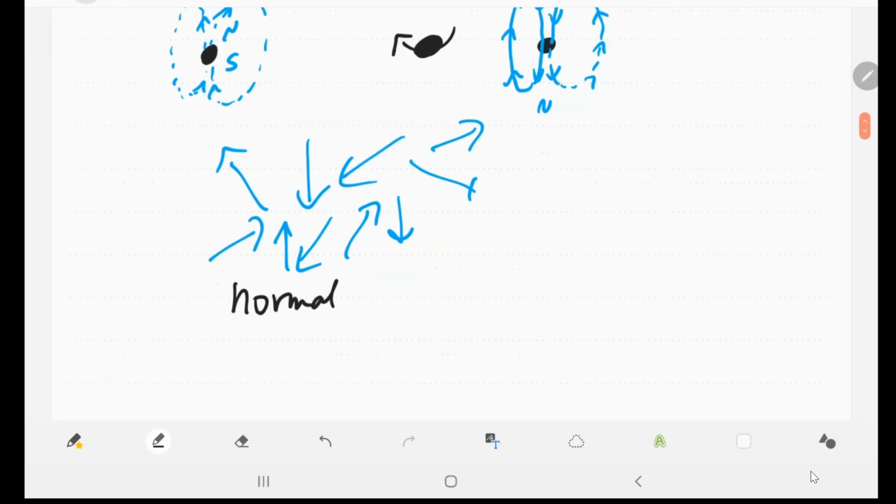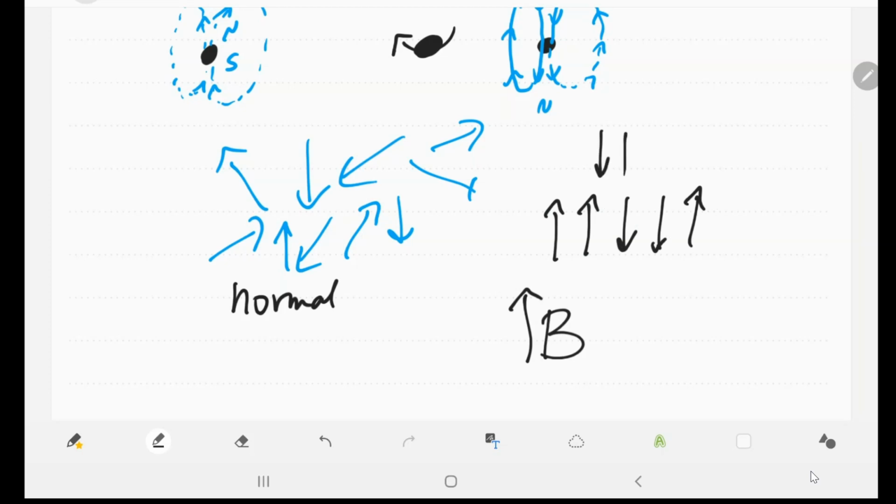But if we apply a magnetic field, we're going to see that some of these will align with it, and some will be against it. So some will line up with the magnetic field, which is indicated by the letter B, as physics would have us do. Again, this part, don't worry about.